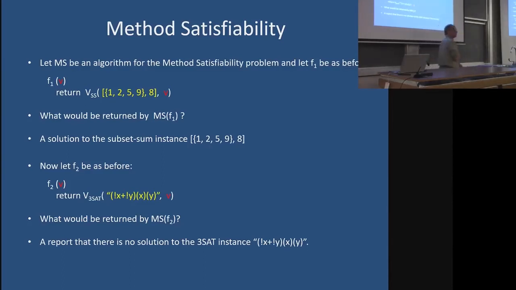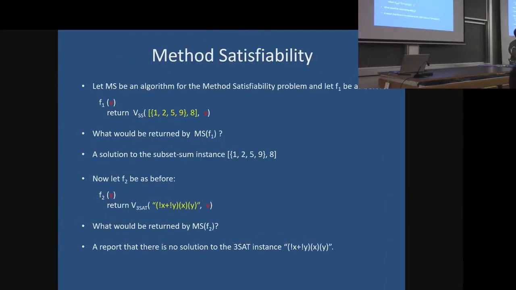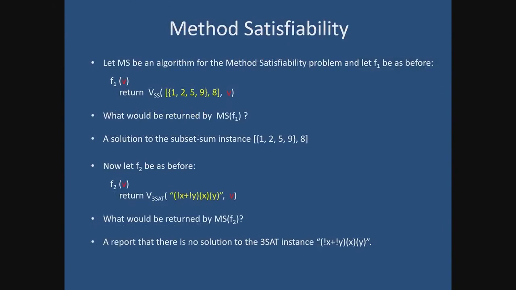Do you have a question? I was just going to say, so we know we can do this, we can convert it to an instance because for NP, everything in NP by definition has a polynomial verification. Yes. Right? Okay. So what we're exploiting here is the fact that every problem from NP has a polynomial time verification algorithm.